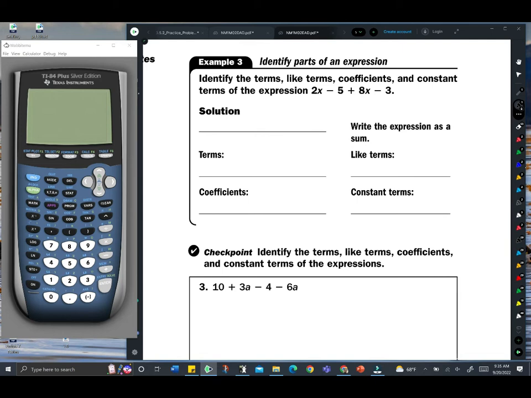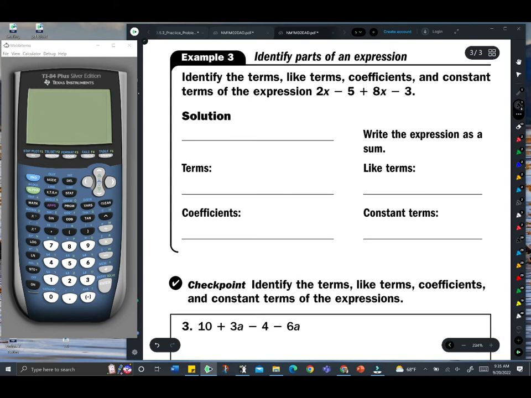Let's check out a few more ideas here. Identify the terms, like terms, coefficients, and constant terms. Okay? So, what we have here is our first example of combining like terms. First off, let's identify the terms. The terms here are 2x. I'm going to highlight them in different colors.